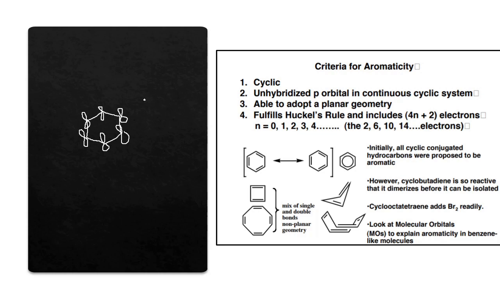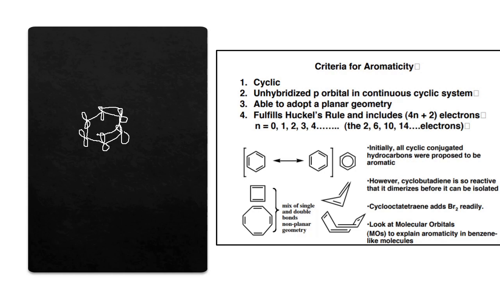So for a molecule to be aromatic, the very basic and fundamental criteria is it should be cyclic and it should have unhybridized p orbitals in a continuous cyclic system.